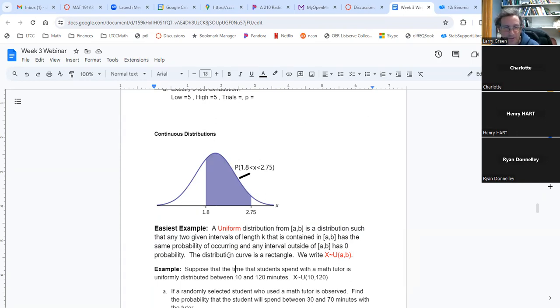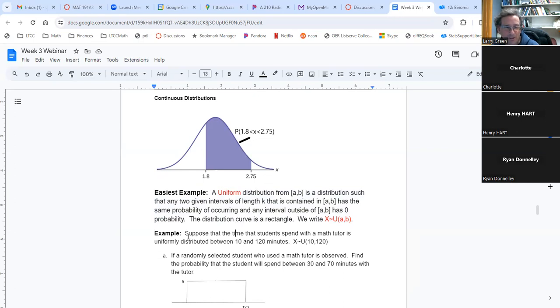Okay, so here's an example. Suppose that the time that students spend with a math tutor is uniformly distributed between 10 and 120 minutes. By the way, do you remember what it means if I have the word suppose? So I want to give you all a heads up. Remember what it means if I say suppose?